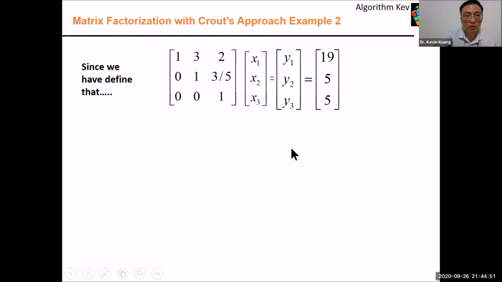Since we have defined Y as the product of this matrix and the unknown vector X, we can then calculate x3 immediately, which is 5, and then doing back substitution, obtain values of x2 and x1. And the answers are given here.